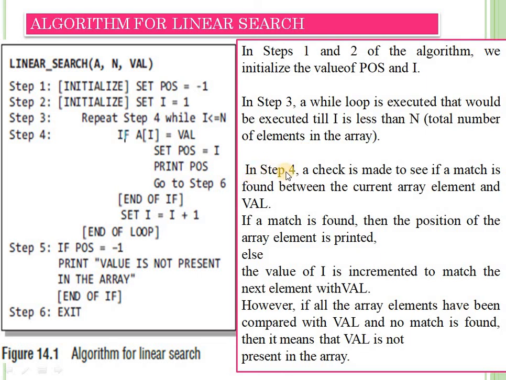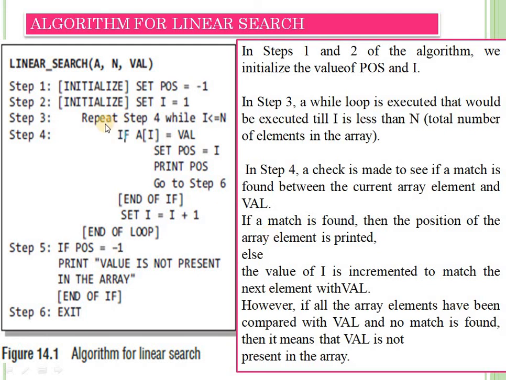Then step 4. In step 4, a check is made. Here we check to see if a match is found between the current array element and val. Okay, we check for a matching element.